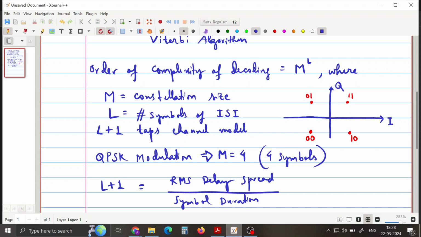So clearly the RMS delay spread is significantly larger than the symbol duration. It means that in that entire delay spread, these many symbols of ISI would be captured, and accordingly I'll need these many taps. That is your L plus 1, given by the ratio of the total max RMS delay spread divided by the duration of every symbol. That tells you the total number of such symbols of ISI.